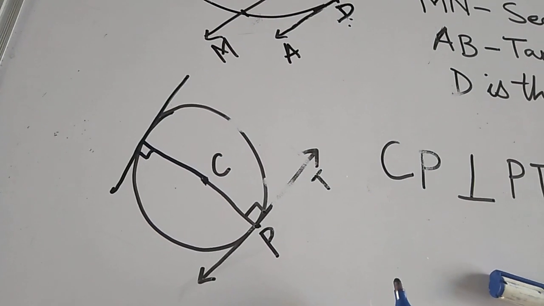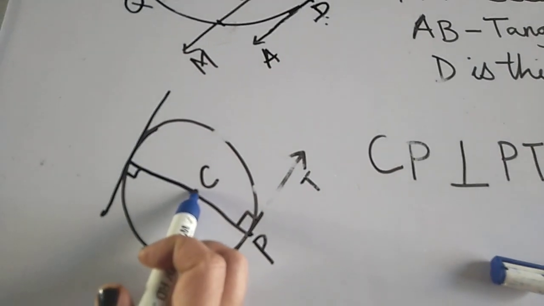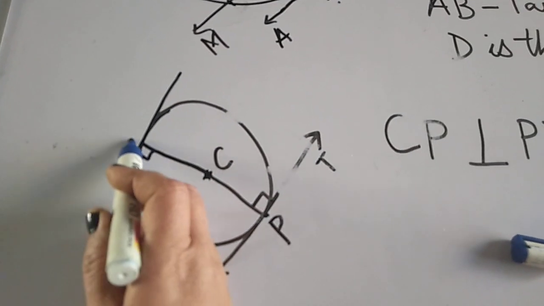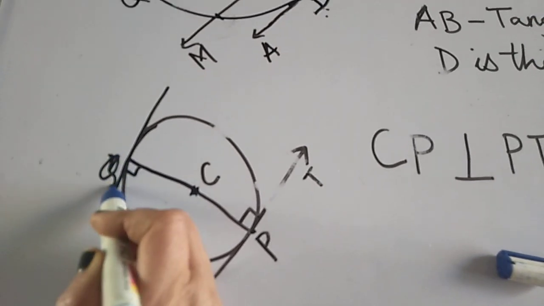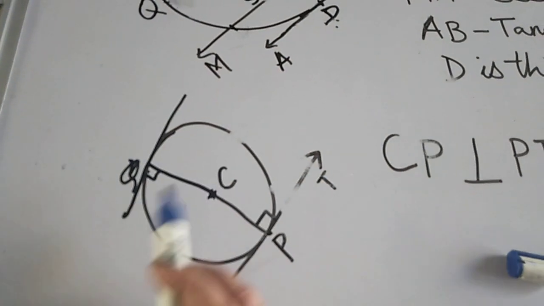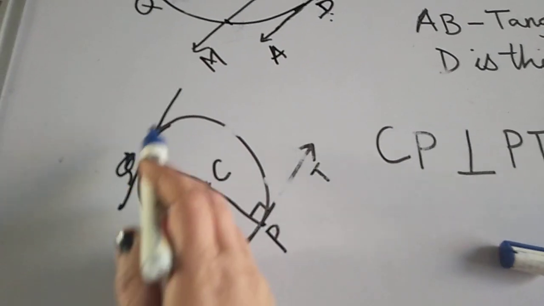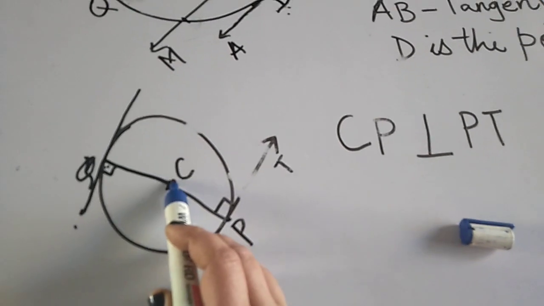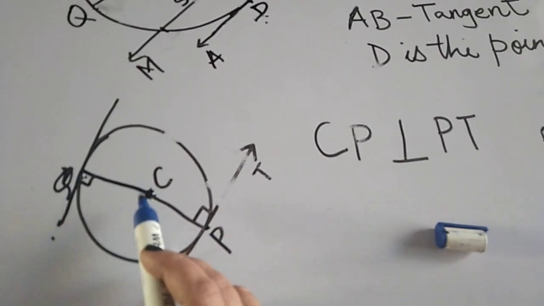If you draw a line from the center of the circle and join the point of contact, let this be any other point, let this be point Q, and from Q you draw a tangent, then that tangent is perpendicular to this, or you can say CQ is perpendicular to the tangent. The tangent is always perpendicular to the line from the center of the circle.